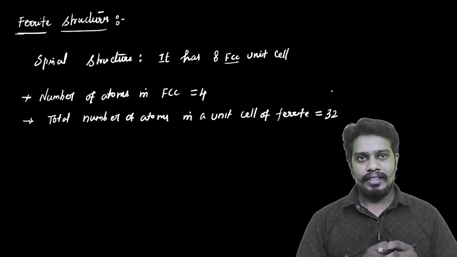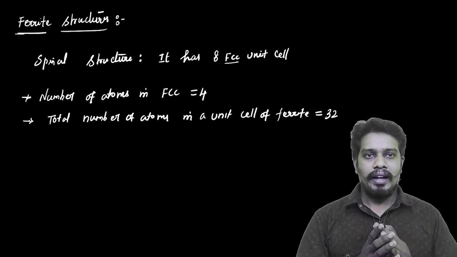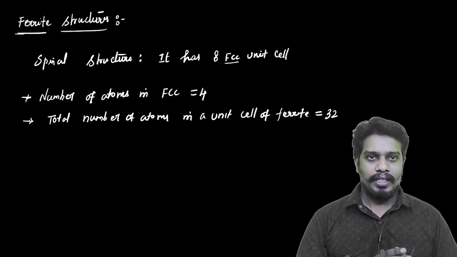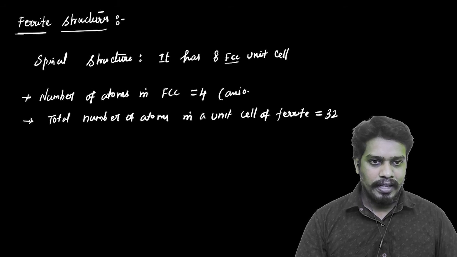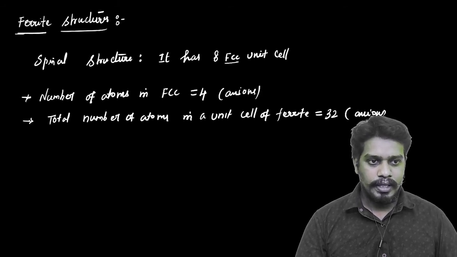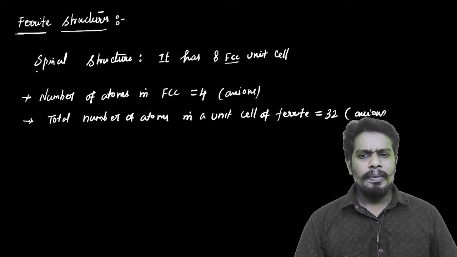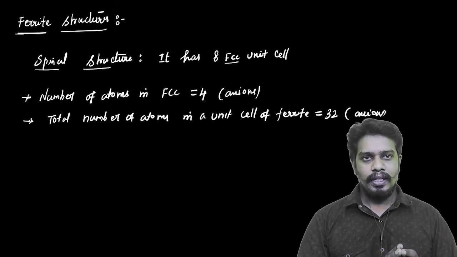I will say why. The total number of anions will be 32; in the ferrite structure, the FCC lattice is formed by anions. So the spinel structure has 8 FCC units.